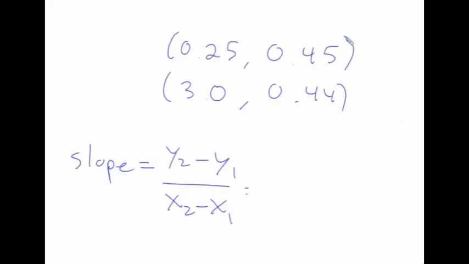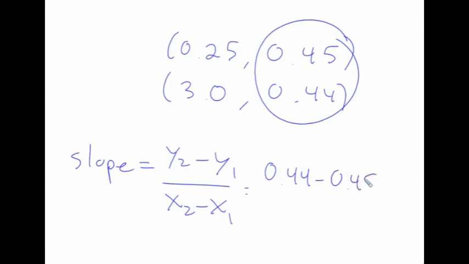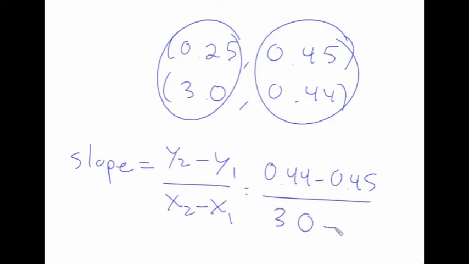To find the slope of the line, we need to subtract the y's: 0.44 minus 0.45, divided by the x's: 3.0 minus 0.25. Be sure to round to the closest tenth. The slope of a velocity versus time graph shows the acceleration.